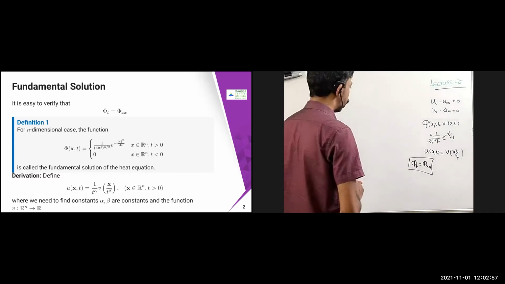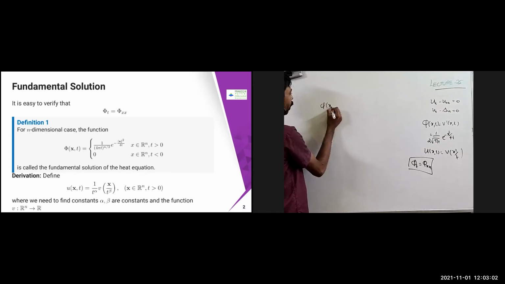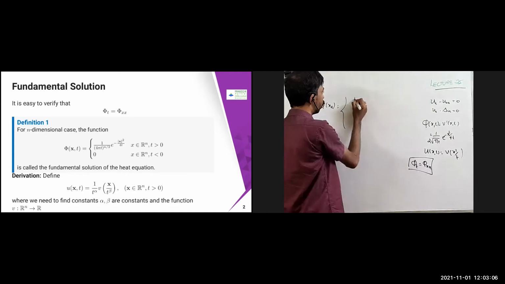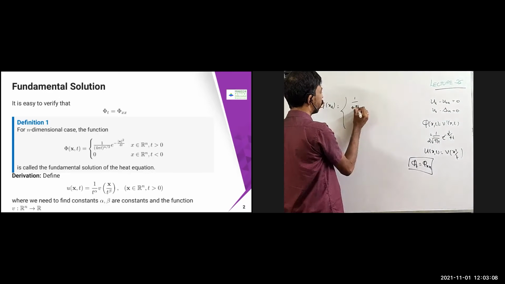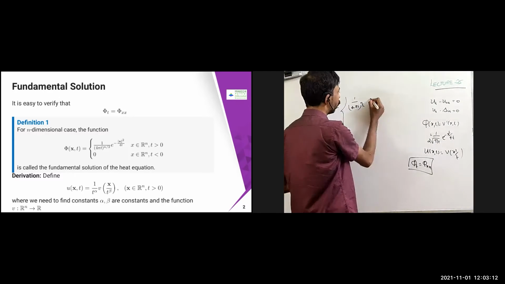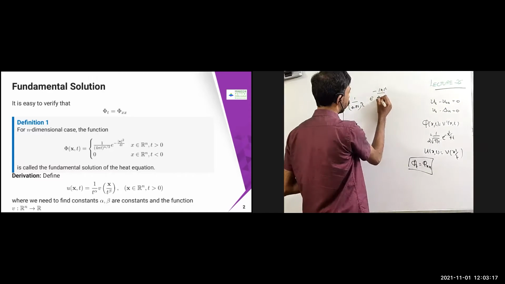Same thing, let us do for the general n-dimensional case. That is a general extension: phi of x comma t, I'm going to write it as 1 by 4 pi t whole power n by 2, into e power minus mod x square by 4t.